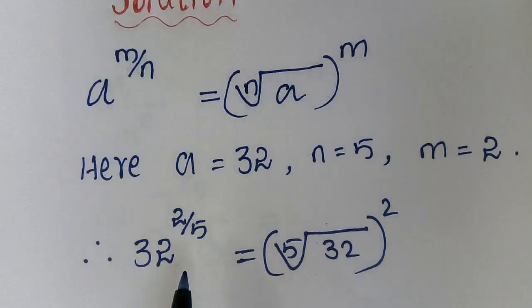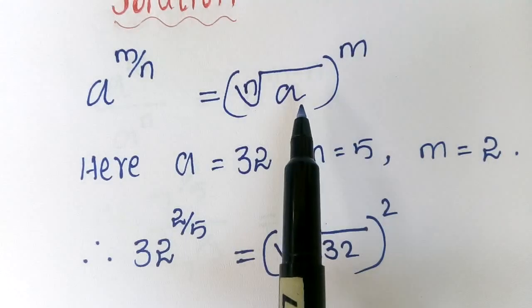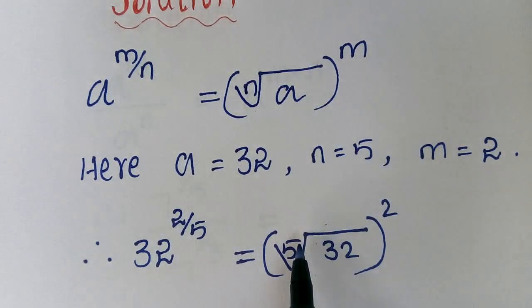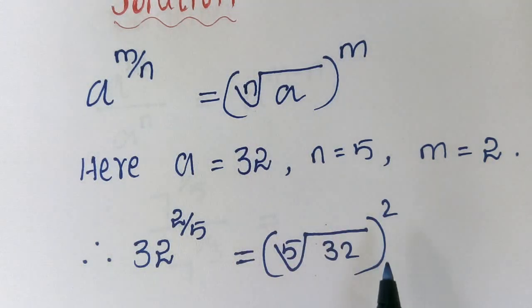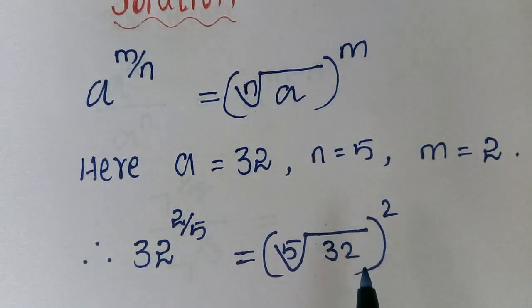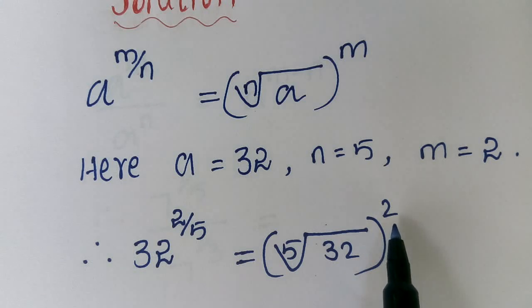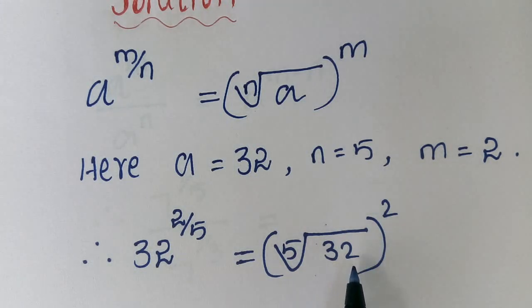Therefore, 32 to the power 2 by 5 is equal to nth root of a whole to the power m. So, n is 5, so fifth root of a, which is 32, whole to the power m. m is 2. Now, we need to find what is fifth root of 32.